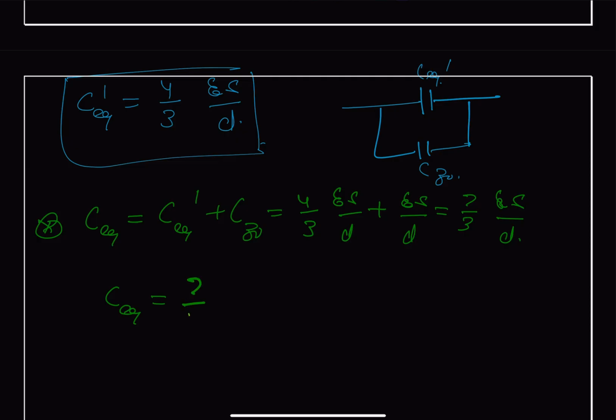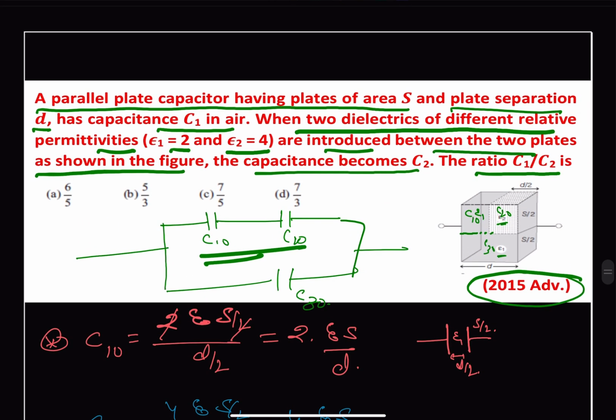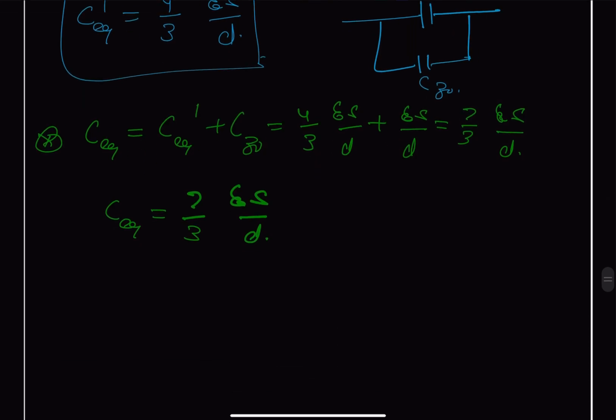So this is 7 by 3 epsilon naught S by D. And we are given in the question that when the dielectric is introduced, the entire capacitance becomes C2. So it means this C equivalent is nothing but our C2. So we get our C2 is equal to 7 by 3 epsilon naught S upon D.